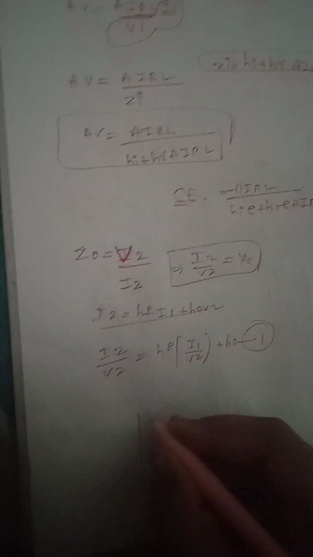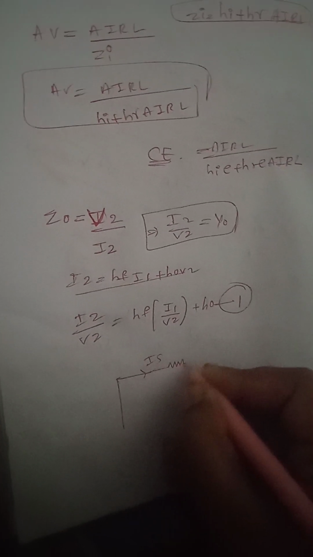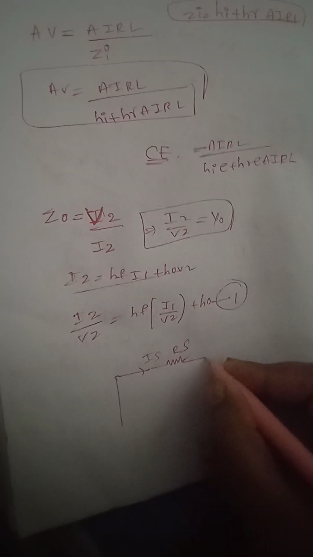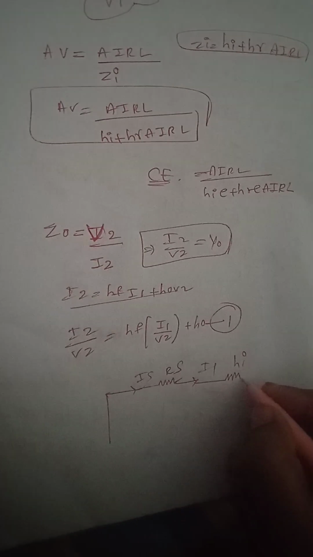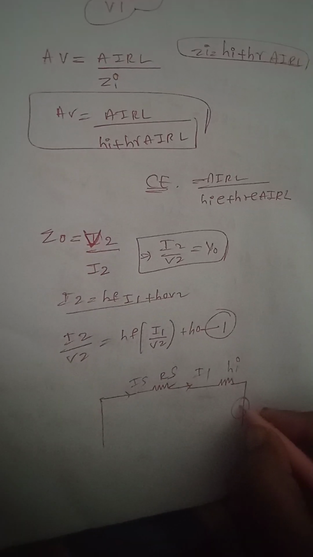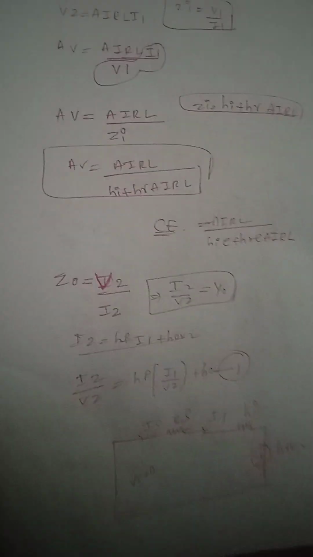Now let us consider a diagram. Here we have current IS and resistance RS. Here we have current I1 and here it is input impedance. Now here we have HRV2, which is reverse voltage gain. Here Vs is equal to 0.